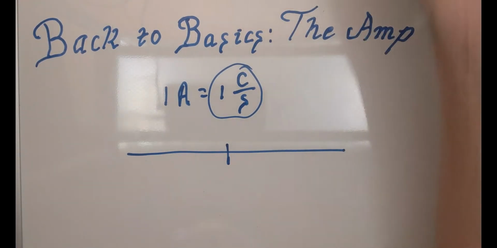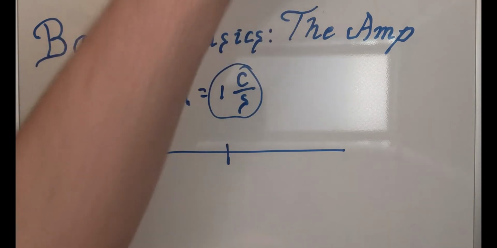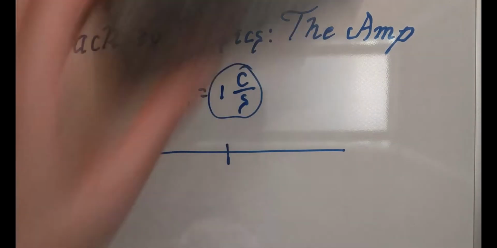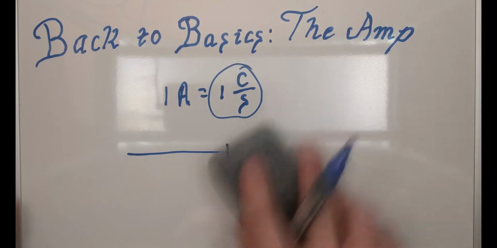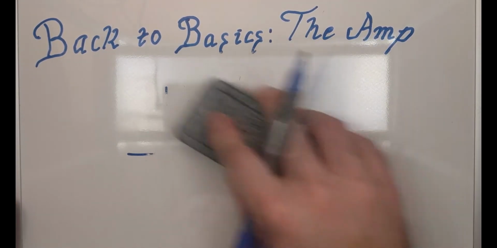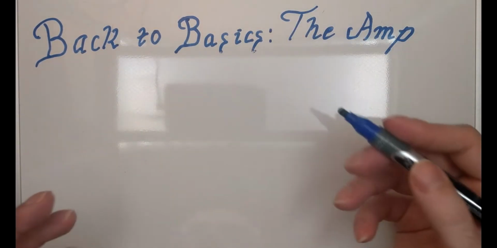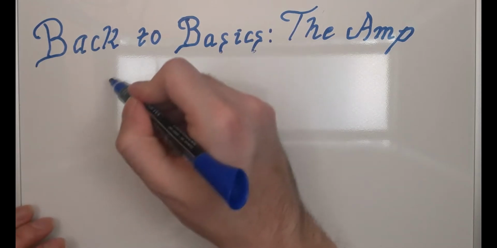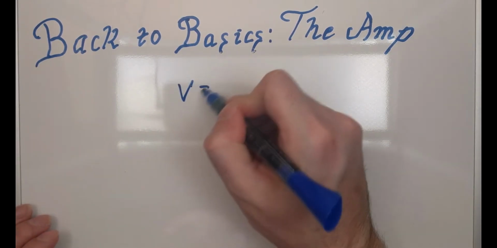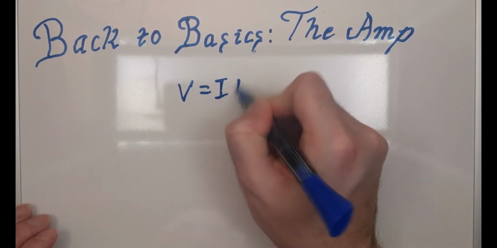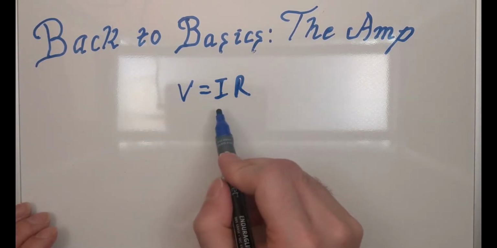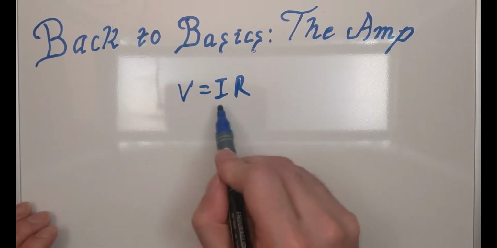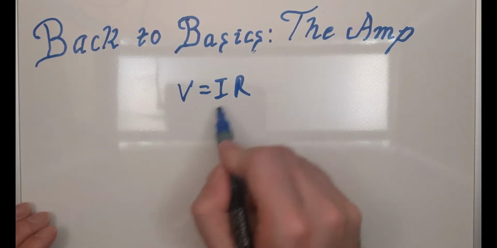Anyway, we can also go back to Ohm's Law and explain amps that way. Now, we all know Ohm's Law, V equals IR, correct? So we can also solve for I, being current.